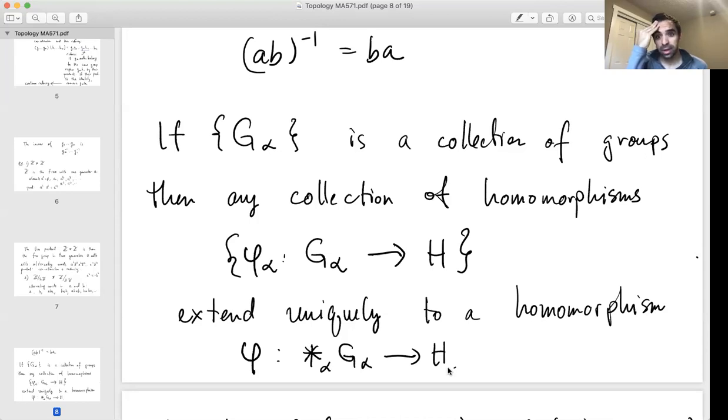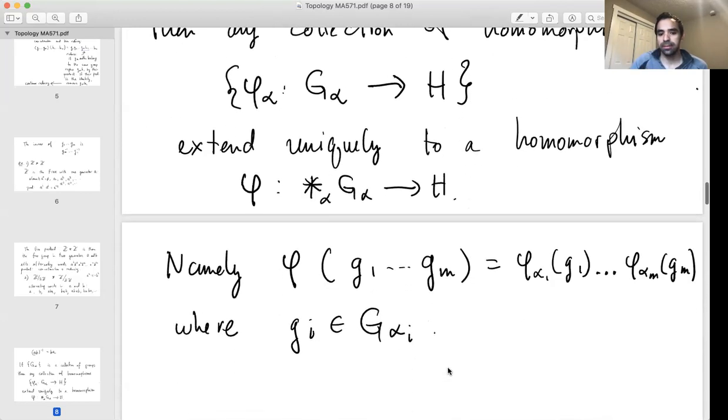If I have homomorphisms from all of these groups to a fixed group, then there's a unique extension to the free product.